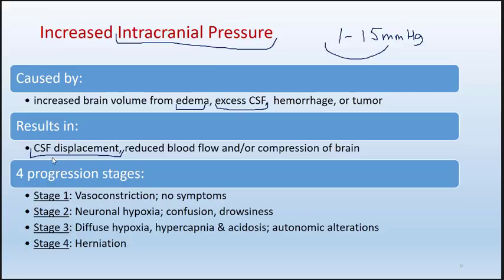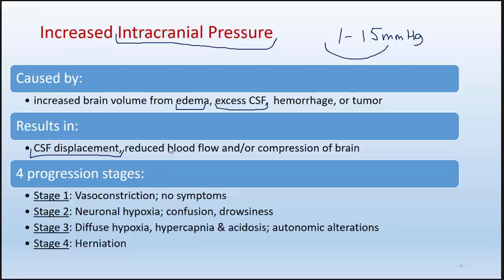And so what happens with this CSF? Well, it ends up being resorbed. And it's the most readily available to displace. We reabsorb it. And in the event that there are small increases in brain volume, and this can happen just from going from a lying down to a seated up position, it doesn't lead to really an immediate increase in intracranial pressure because of this built-in homeostatic mechanism where we displace CSF quite quickly, gets displaced into our spinal canal.